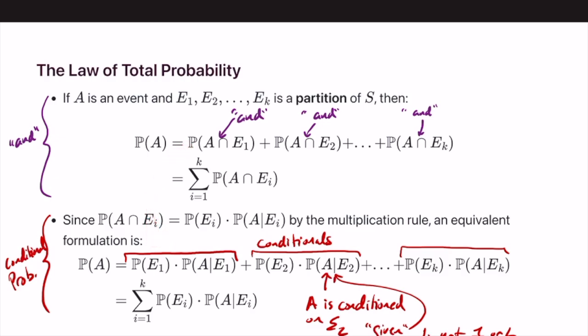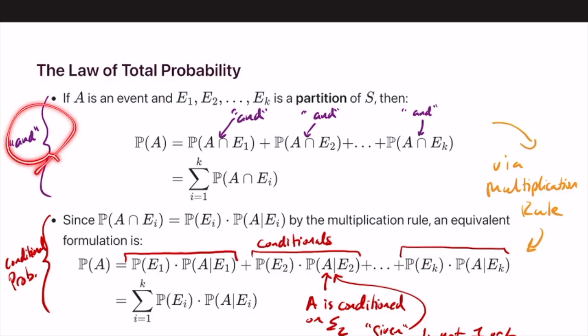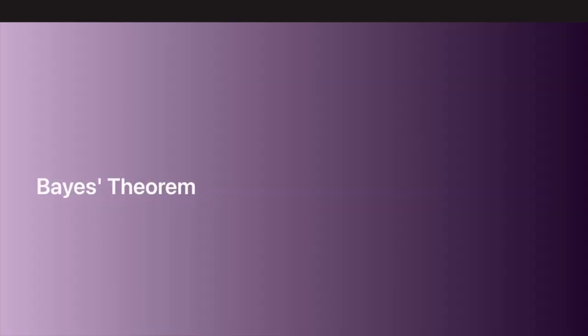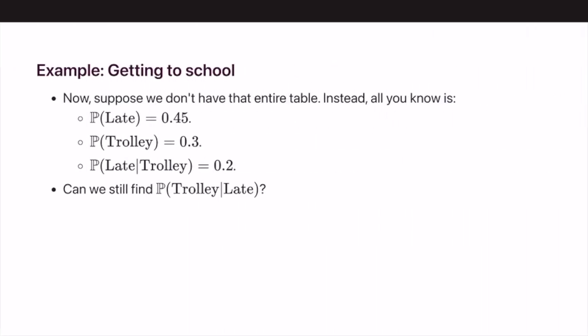And again, by the multiplication rule, we can go from this to this. Okay, so let's go ahead and see how that works.